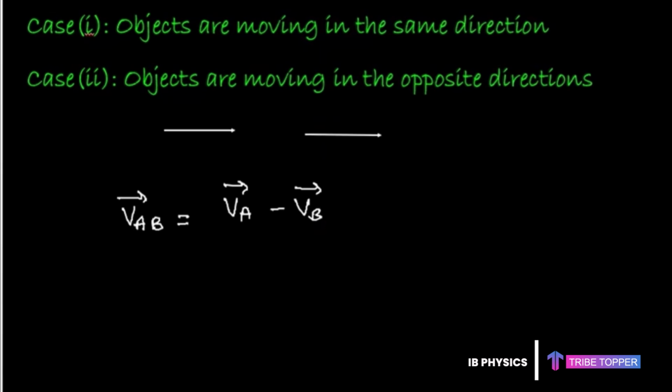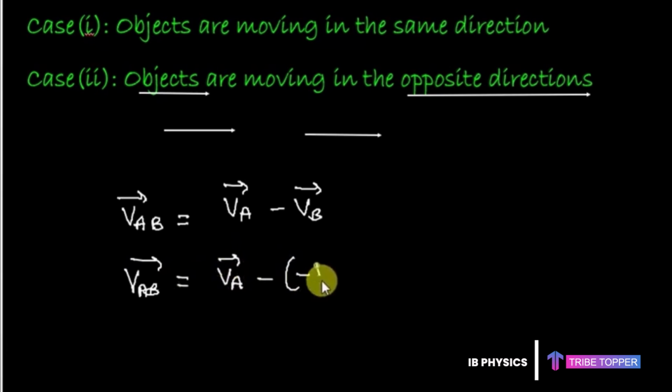And now if the objects, again with whatever velocities, are moving in opposite directions, then we have the formula VAB equal to VA minus VB, because VA and VB are two velocity vectors in opposite directions, so it comes out to be negative of negative, and you get VA plus VB.